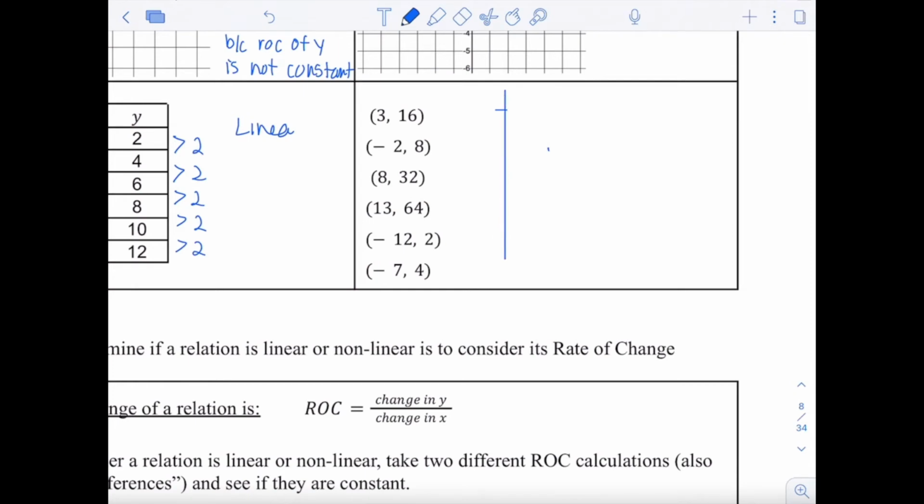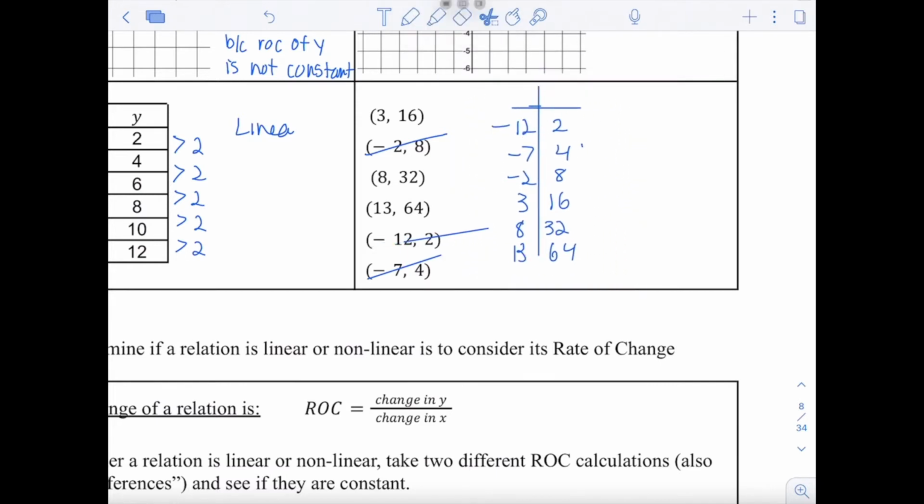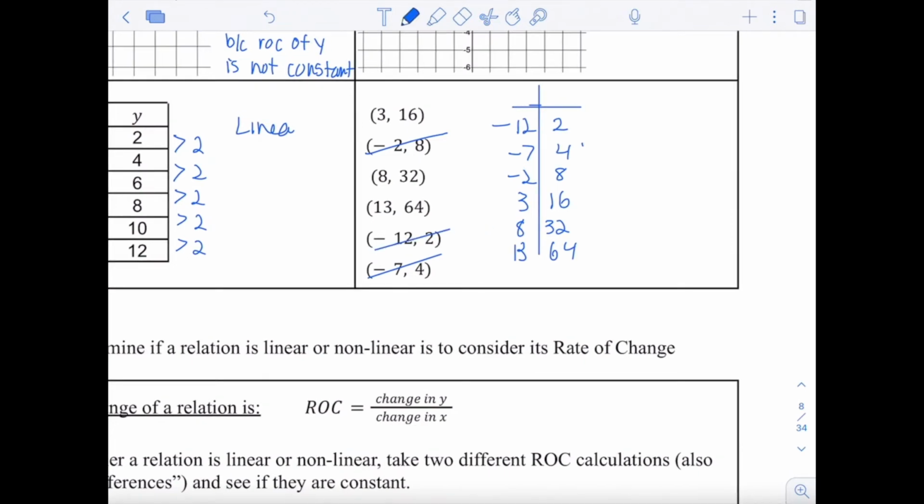Okay, so let's start at the lowest one, which I think is (-12, 2). And then the next one is (-7, 4). And then (-2, 8), (3, 16), (8, 32), (13, 64). Now I can actually see a little bit of a pattern.